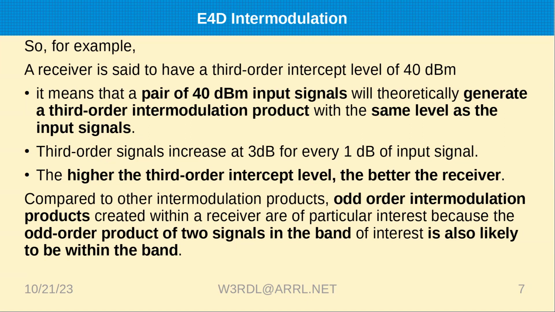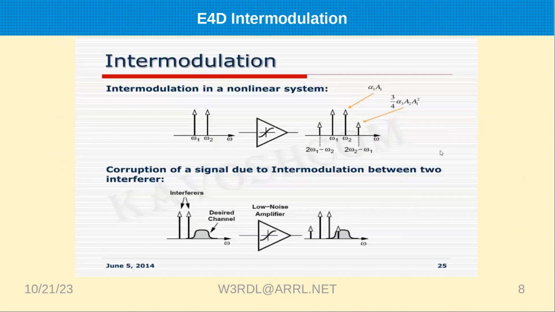And the third order, which is really the first odd order set of products, turns out to be the one that is closest to your carrier or your signal of interest. And I think there should be another chart here. So if you've got two signals coming in to your nonlinear device, you're going to get these four products out. You're going to get the two signals, and you're going to get 2 times one of them minus the other.